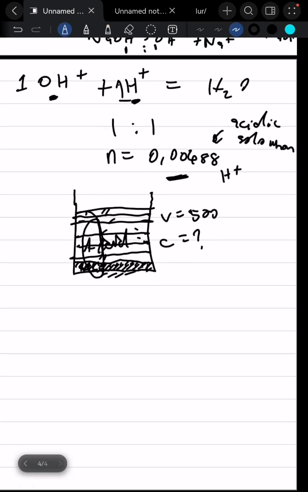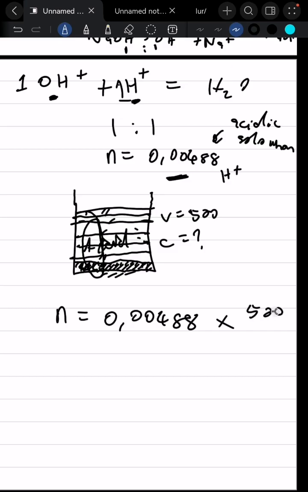The total moles would be 0.00488 multiplied by 25, which is 500 divided by 20.